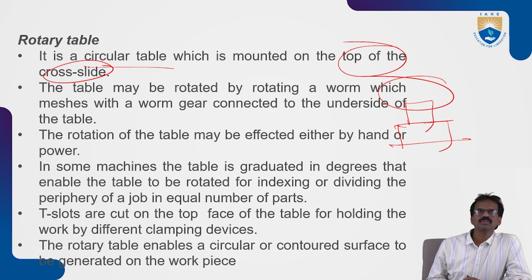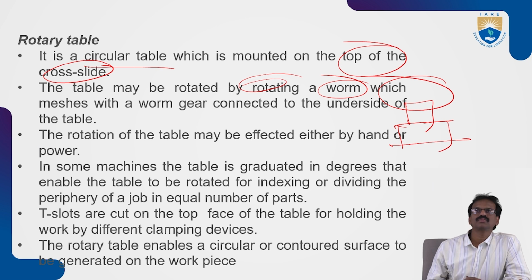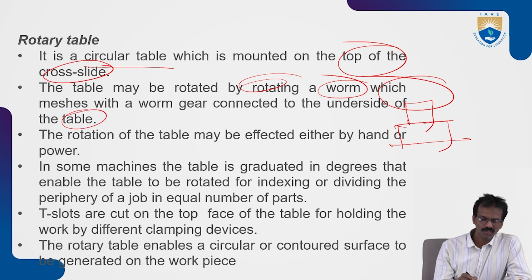The table may be rotated by rotating a worm, which meshes with the worm gear connected to the underside of the table. By the help of this worm gear, it rotates. So the table provides the rotary movement of the workpiece.